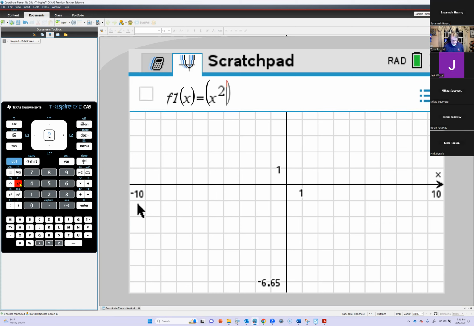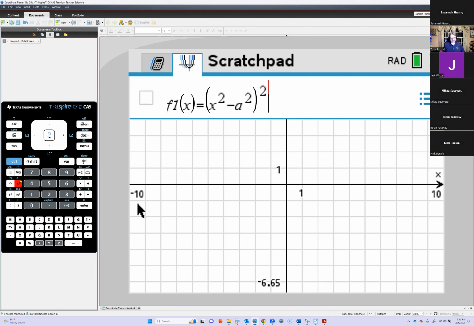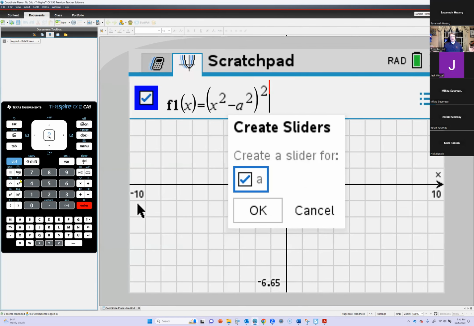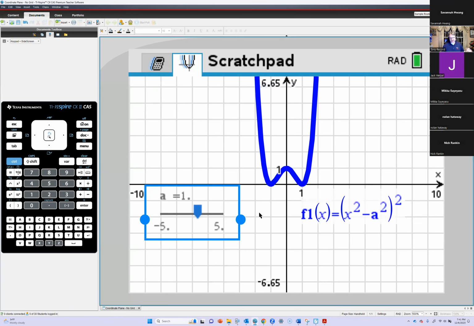And you know that the calculator is going to say, hey, do you want a slider for a? And we'll say, okay, that's fine for right now. And we just basically have this picture that I guess looks like a W, right?